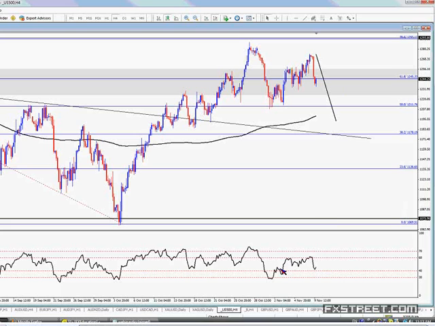Also, in this 4-hour chart, you see the RSI failed to break above 60, so that means it maintains the bearish momentum started at the end of October to the beginning of the month. And if that falls back below 40, that's also a confirmation of your risk-off direction.